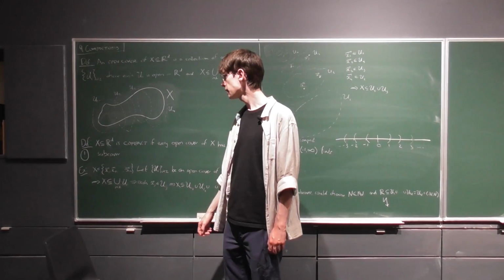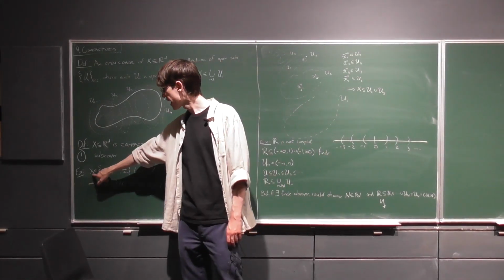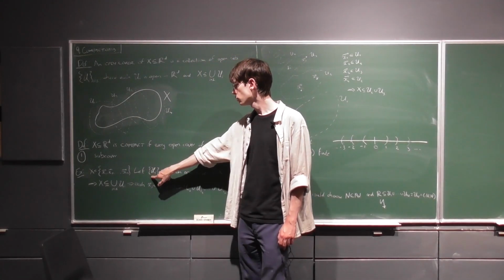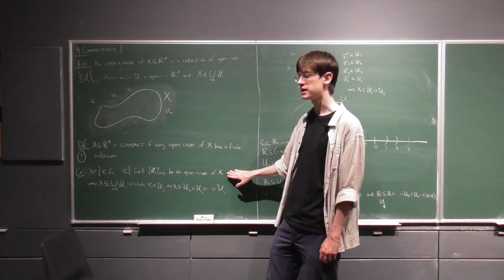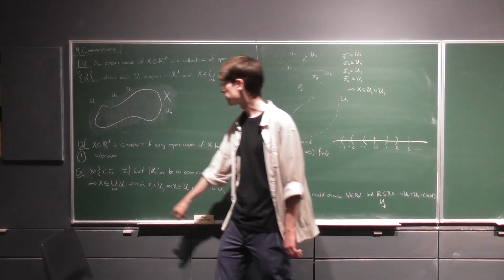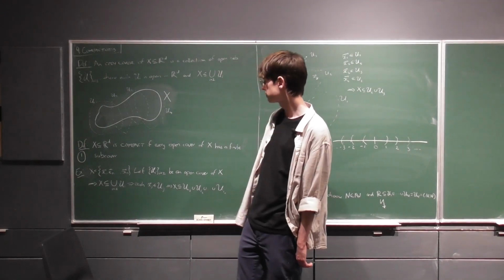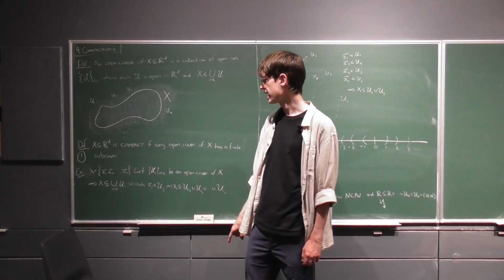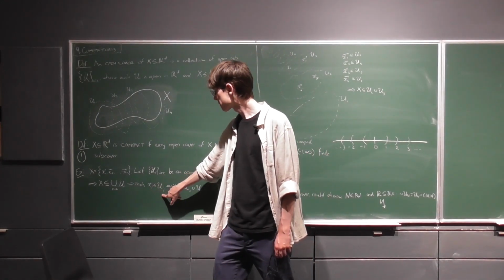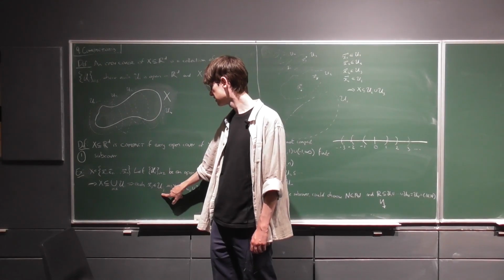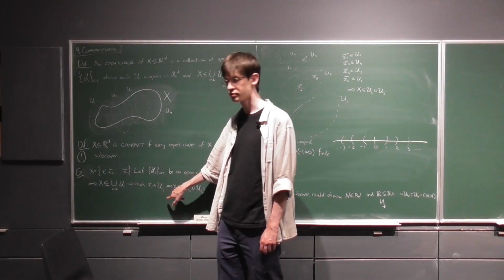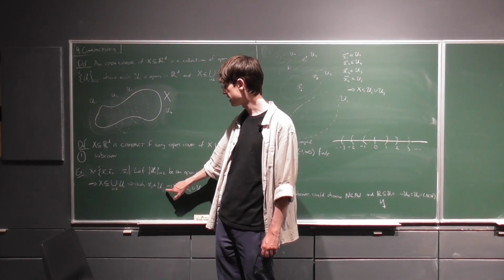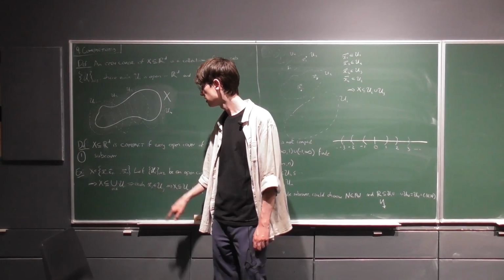So an example of a compact set: if we just took X to be any finite collection of points, x1 to xn, and we take U_i to be any completely generic open cover of X. Well, we know that X is contained in the union of all these U_i. Therefore, each point x_j in the set is contained within at least one of these U_{i_j}. This i_j just means whatever index happens to contain the point x_j.